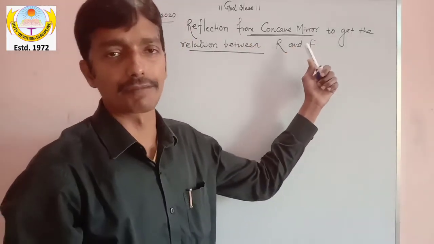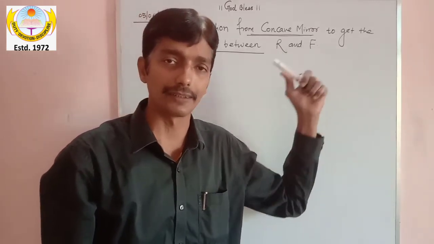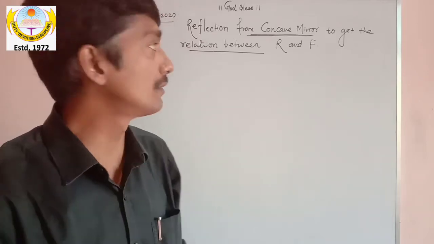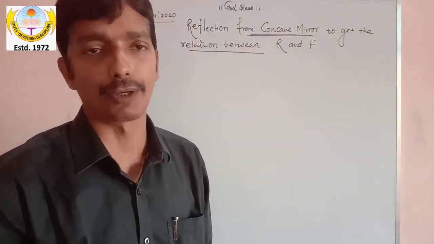R is the radius of curvature and F is the focal length, right? And we have to do this relation by using concave mirror. In the next topic, I will go for convex mirror.